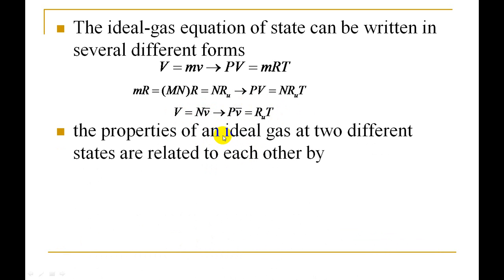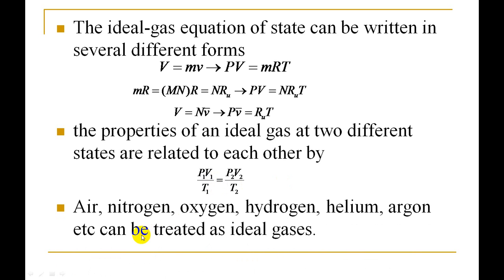The properties of an ideal gas at two different states are related to each other by this equation: P1 V1 over T1 is equal to P2 V2 over T2. So if we have two different states, state 1 and state 2, using this relation you can relate these two states.